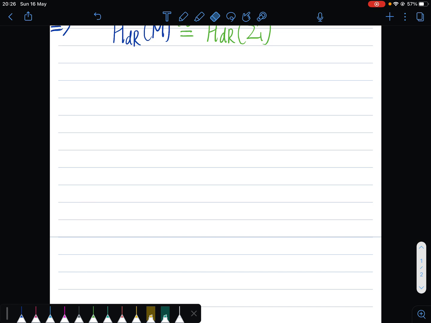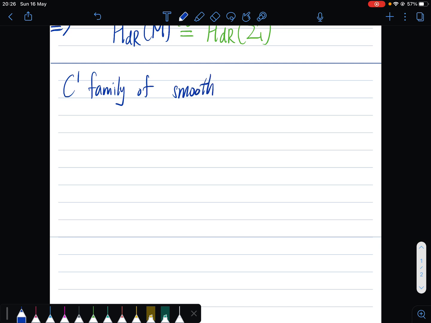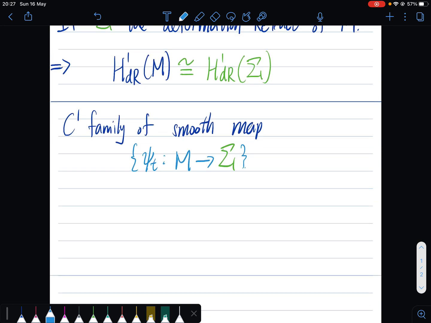To start the proof, we need to define some necessary things, just like a C1 family of smooth maps, which is called psi t, which maps from M to sigma. And then we satisfy those three conditions or three properties which define it from the deformation retract.